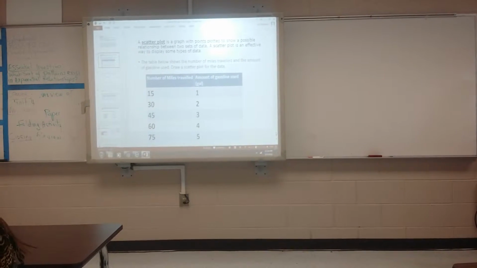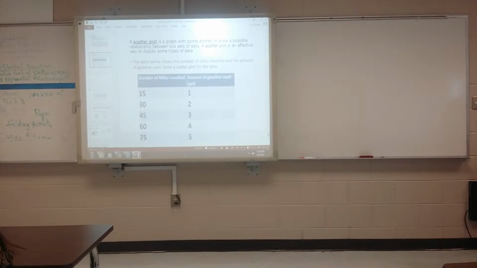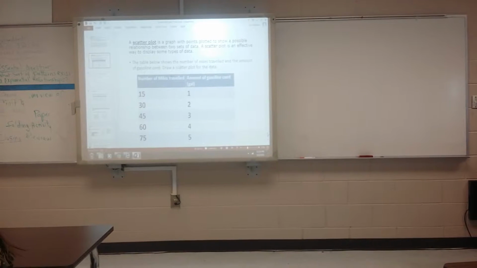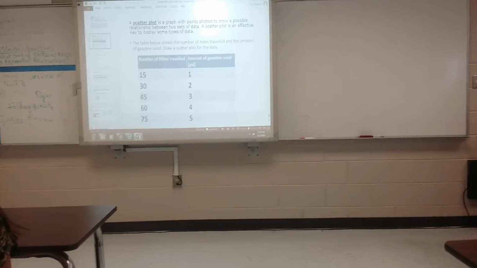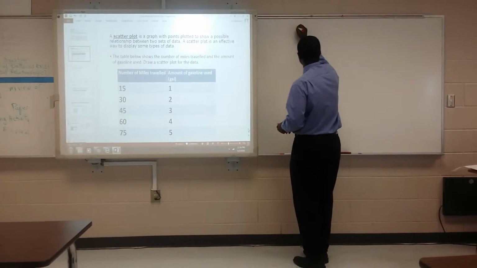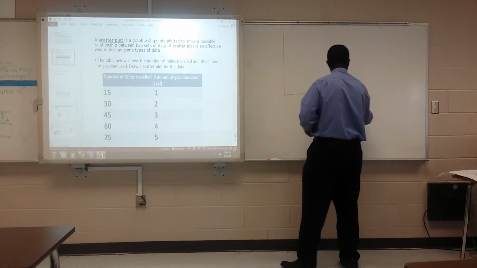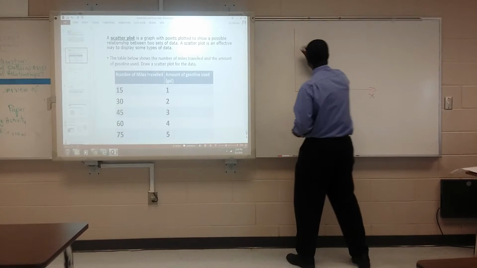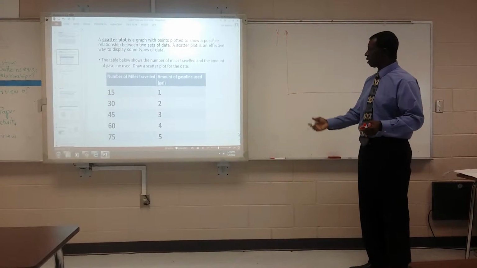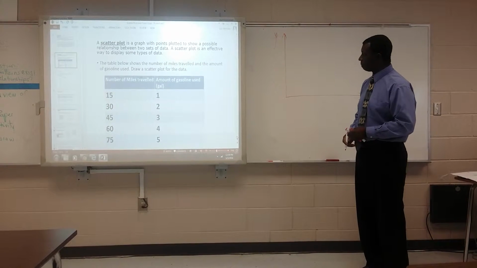Now, the first thing we have to do in drawing this is to draw the x and y coordinate. All right, because all graphs are drawn on the coordinate plane.